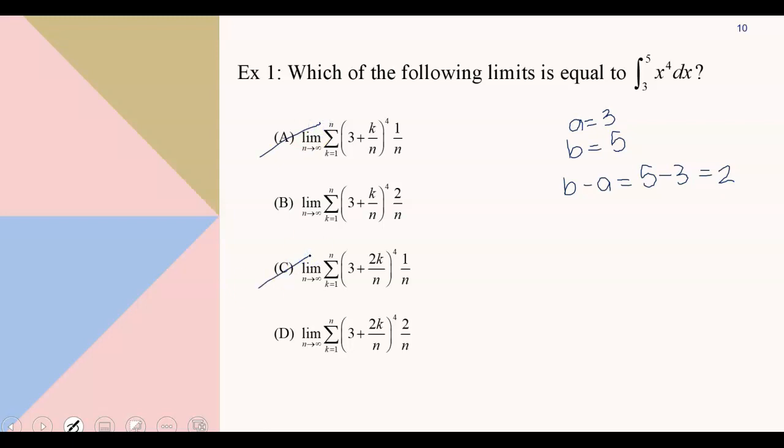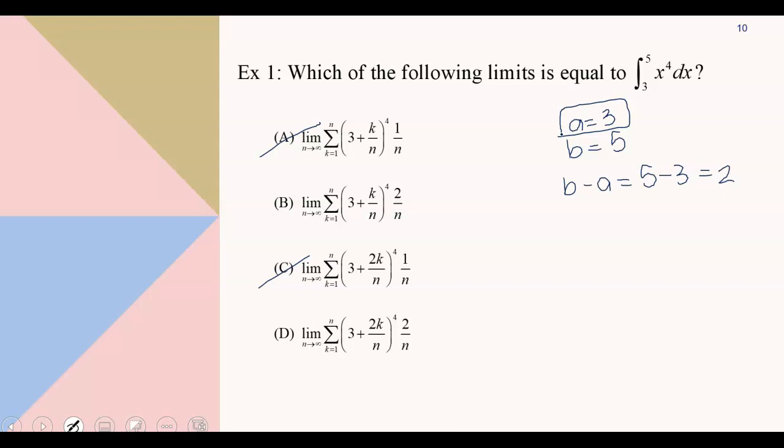So it cannot be A or C, because I don't have a 2 at the end. b minus a is 2. And then the next thing I like to look for is my a value, because it's a plus delta x sub i. So now I need a 3 and a 2 in my problem.